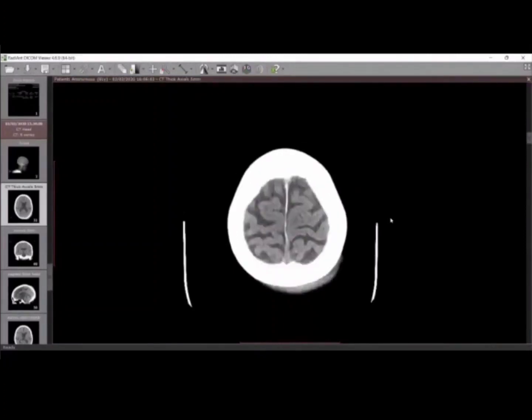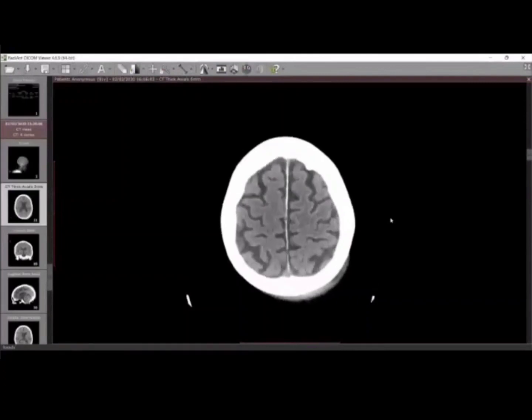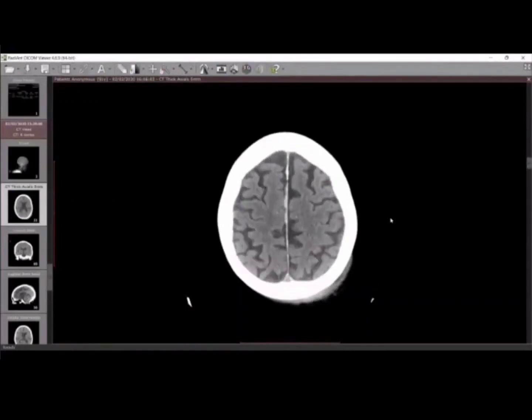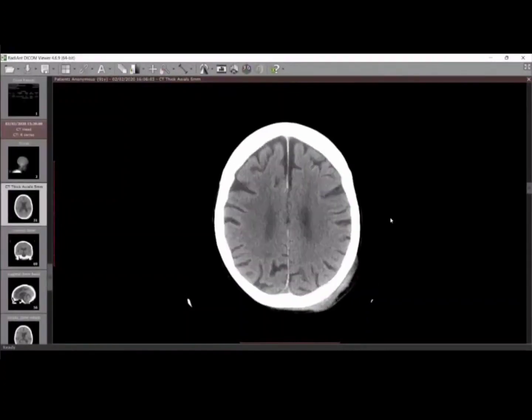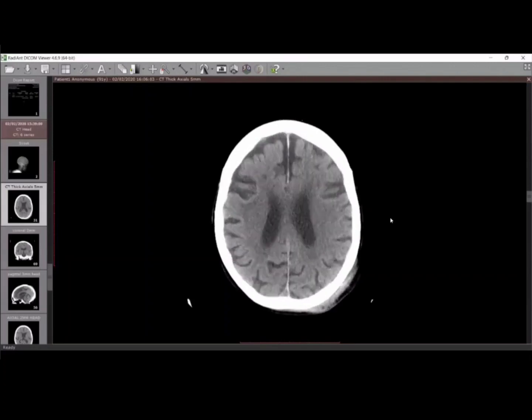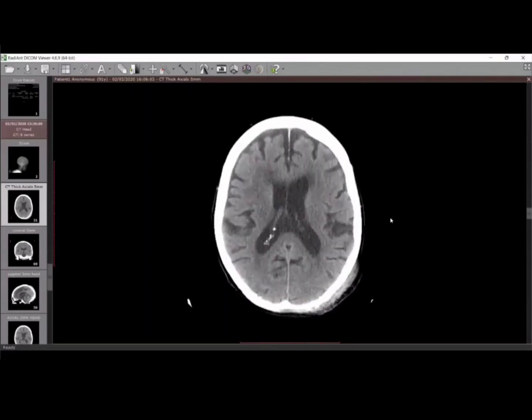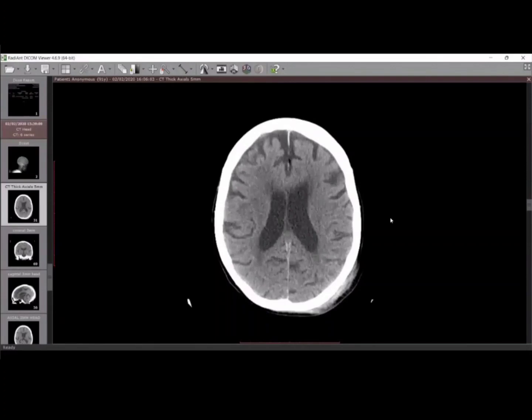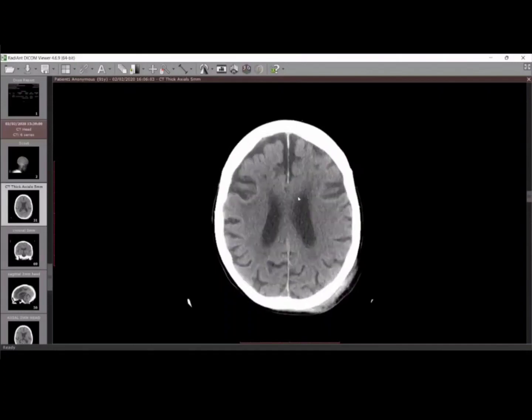Now I'm concentrating on the extra-axial CSF spaces, on the subarachnoid, looking for the subdural or the extradural spaces. I can see a pneumocephalus, a small air focus, along the left side of the falx anteriorly. So this is one of the positive findings which I have picked up. Can it be anything else other than pneumocephalus?